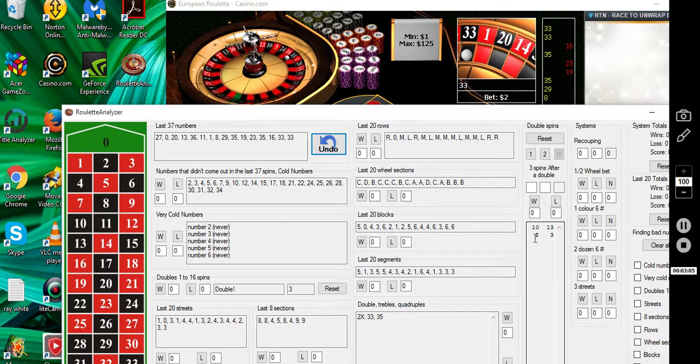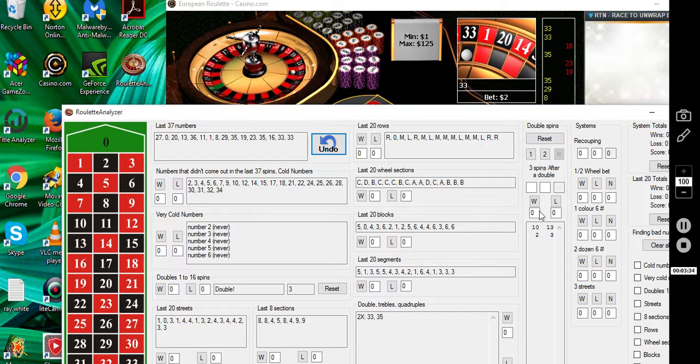So the first row here is always the number when it first came out, and over here is always when it came out the second time. So since that's a double, this here will start again, and the very next spin is called number 1 spin, number 2, number 3. So we'll just play this a few times to see, and you watch down here and it will tell you.